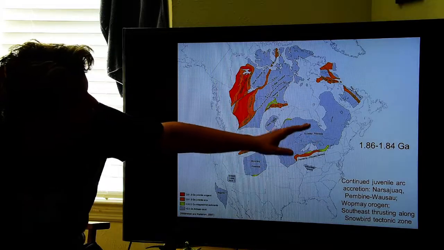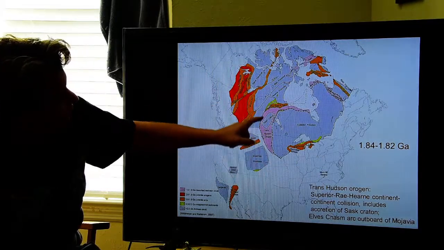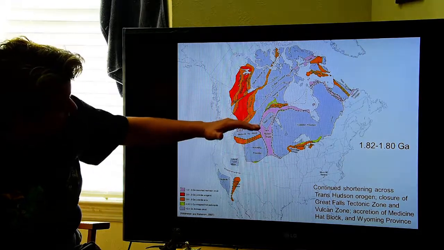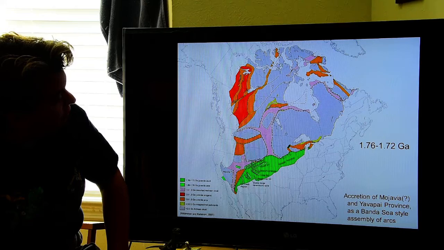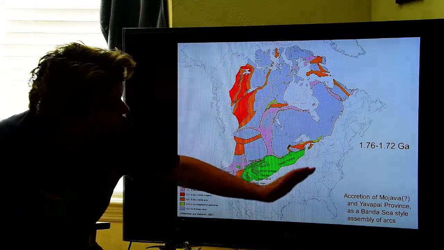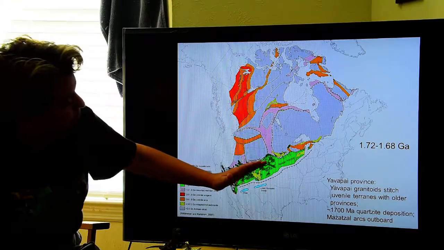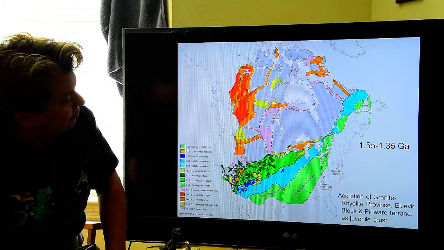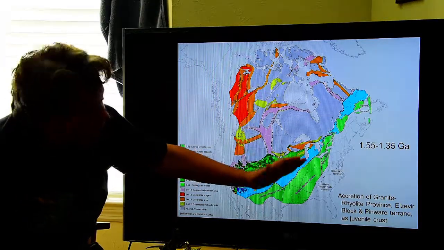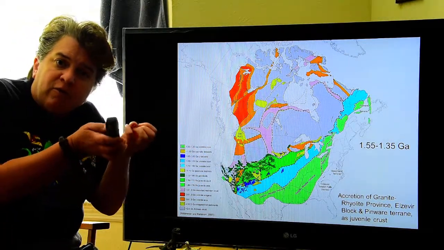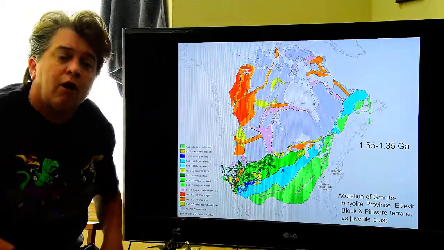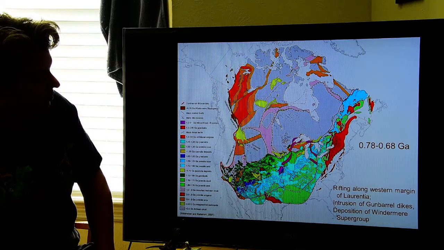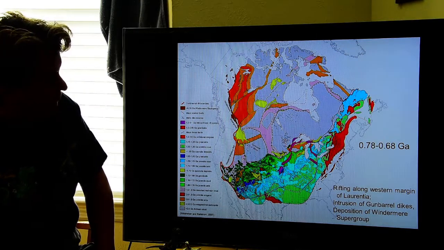Now notice this and this block come together in another orogeny, another mountain building event. Now we slammed this one in there. And so hopefully, as you can see, over time, more and more provinces, more and more crust ends up getting added to North America, making those basement rocks, the foundation of the continent, grow over time until we ultimately get the continent we know of today.